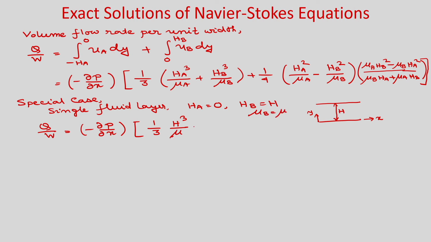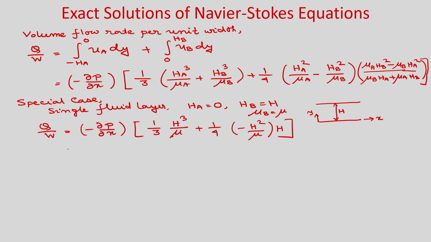Okay. So, mu plus 1 by 4, and it will be minus h square by mu, and here if you put, you will get another h.